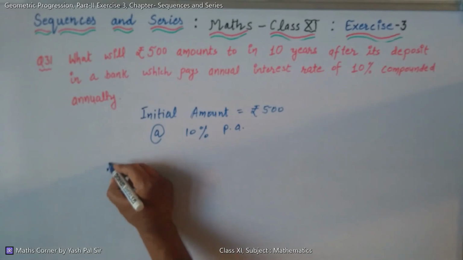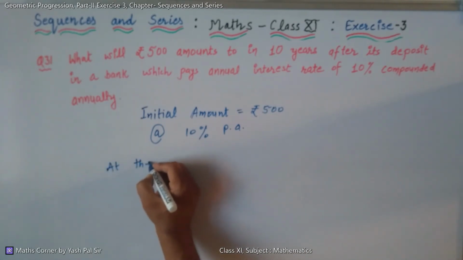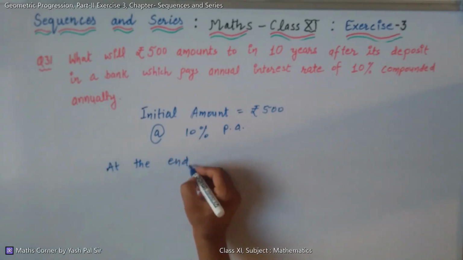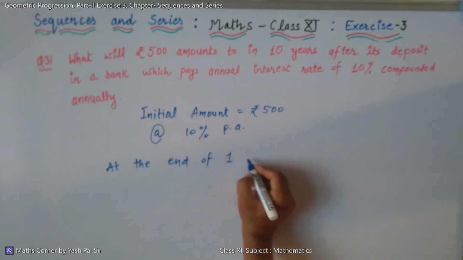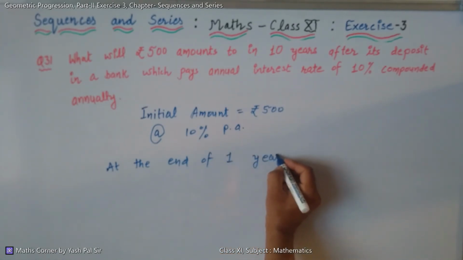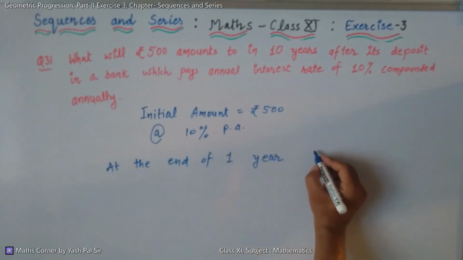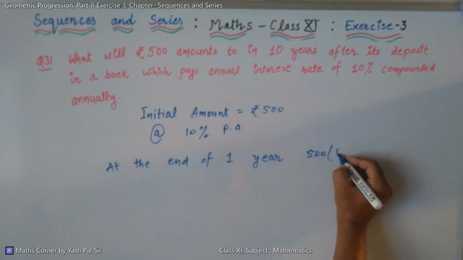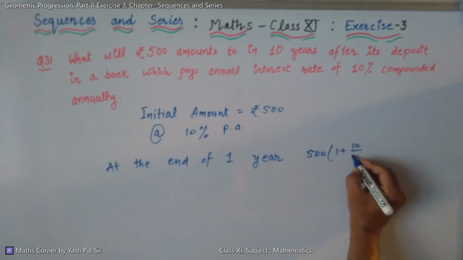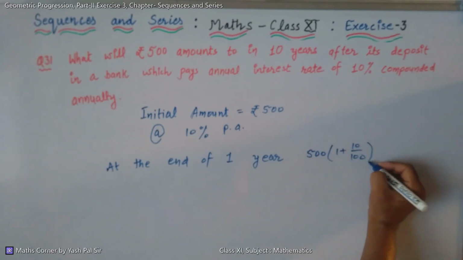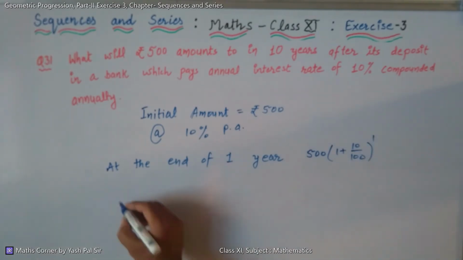So at the end of 1 year, we have 500 into 1 plus 10 upon 100 raised to power 1.